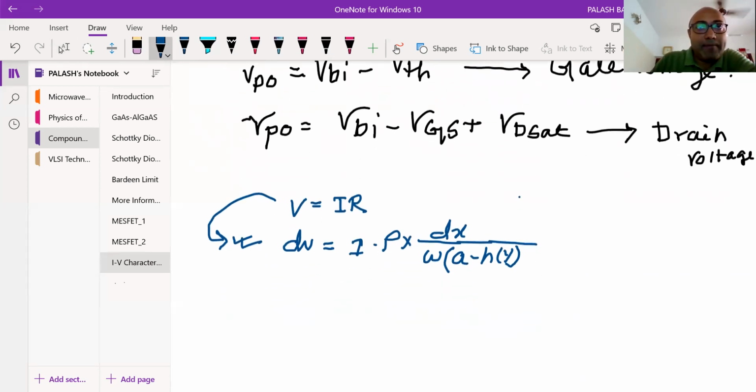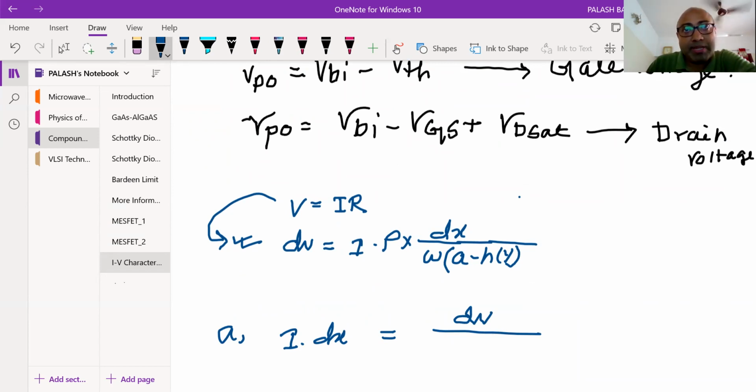Now, let us see what the current is. So I into dx equals rho, into dV, divided by A minus H(Y), with the width W. So I dx, W dV, A minus H(Y) into W dV.